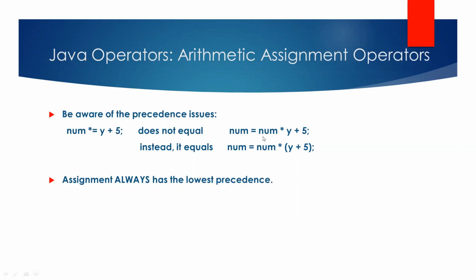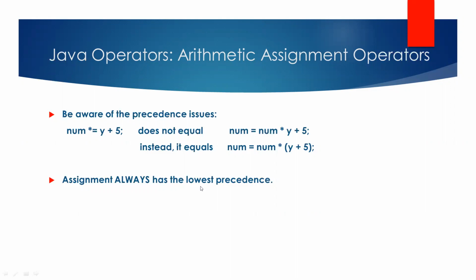These will be evaluated according to precedence, and after that it will return the result to num. So the assignment operator always has the lowest precedence.